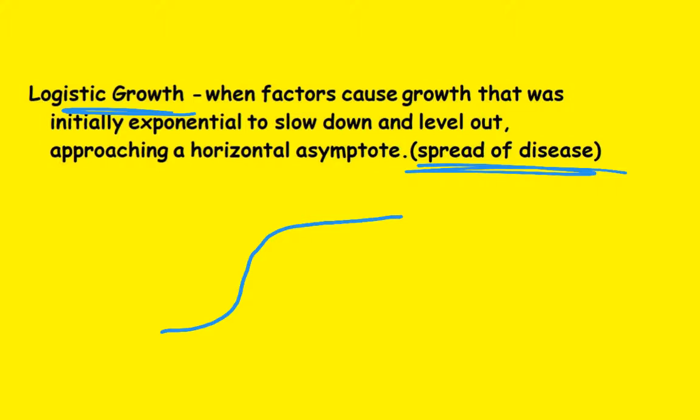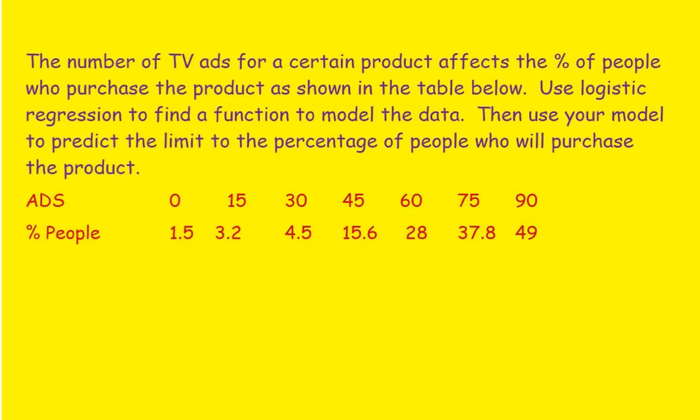And it's also in your calculator in that stat regression list. And it is down at number, or letter actually, so far down. It's that letter B under the stat list. Stat over to calc. So here we go. The number of TV ads for a certain product affect the percentage of people who purchase the product shown in the table below.